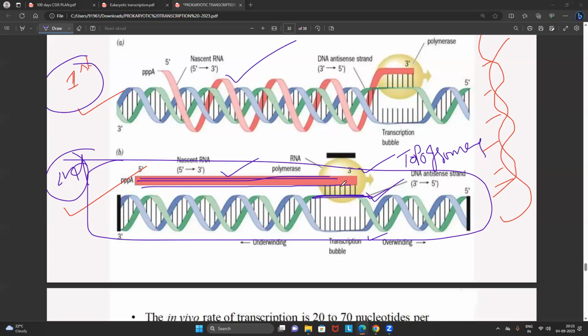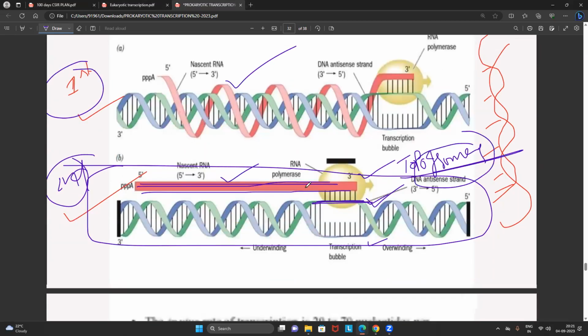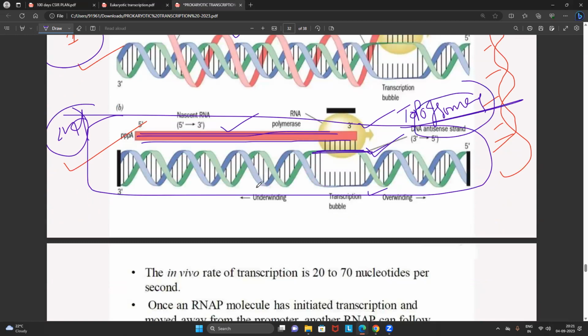There is no doubt about that. Correct, na? So now the point is very, very clear. Even though it is moving like this, coiling occurs, but there's no problem. We have a topoisomerase enzyme. That's why it always follows the second model. Please don't get confused with that particular point.